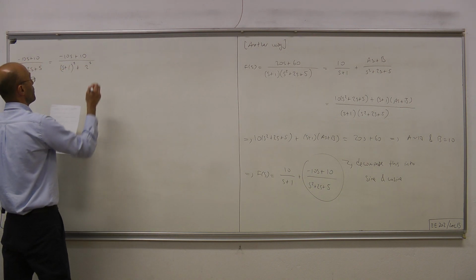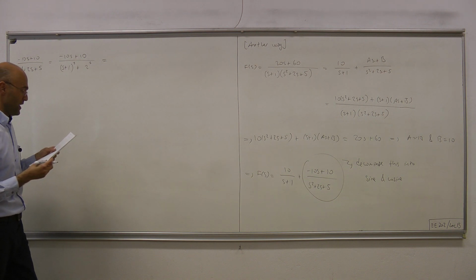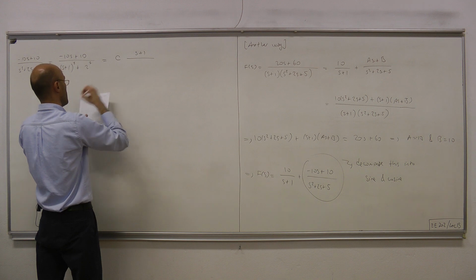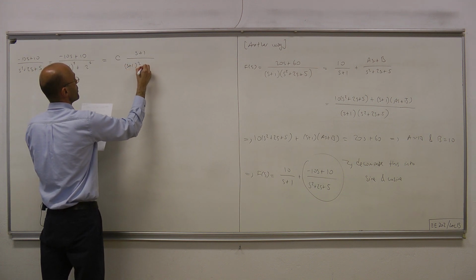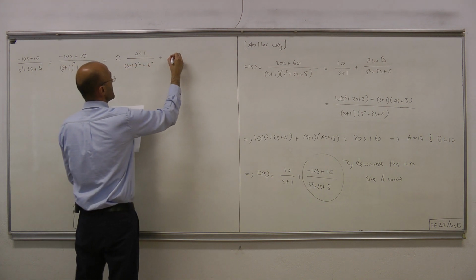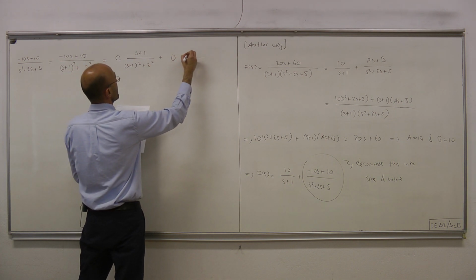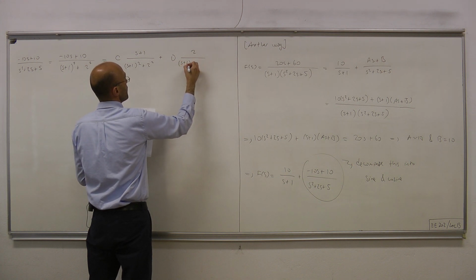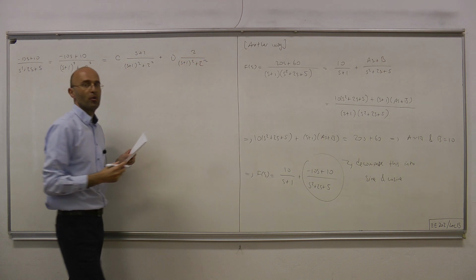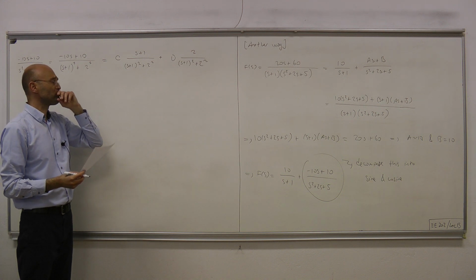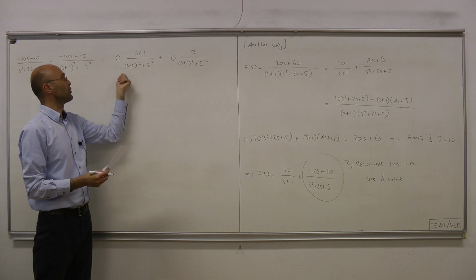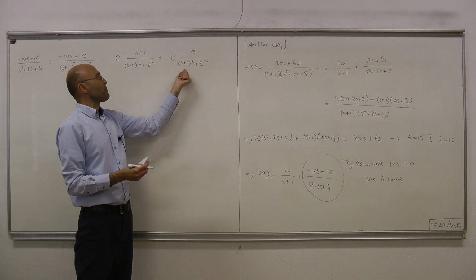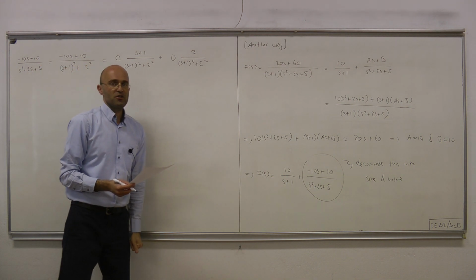In other words, we will now try to write this as c times (s plus 1) over ((s plus 1) squared plus 2 squared) plus d times omega over ((s plus alpha) squared plus omega squared). Now, we know from our earlier lecture set, this will produce e to the minus t cosine 2t, and this will produce e to the minus t times sine 2t.